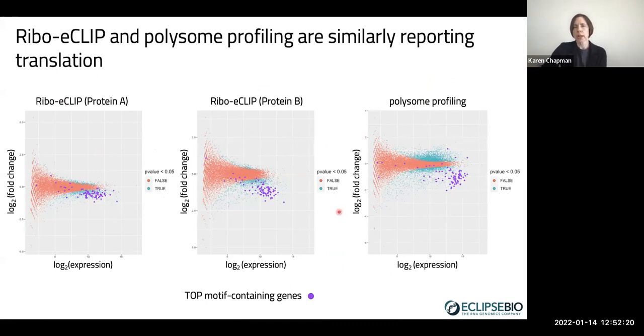And this is just showing the reduction in the ribosome load on the top motif containing genes following a taurin-1 treatment. So you can see that the RiboE-CLIP, with a relatively simple and straightforward protocol, can recapitulate the results that are seen with one of these traditional polysome profiling experiments.